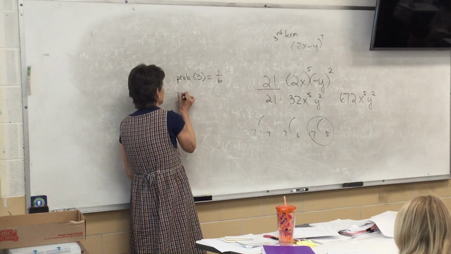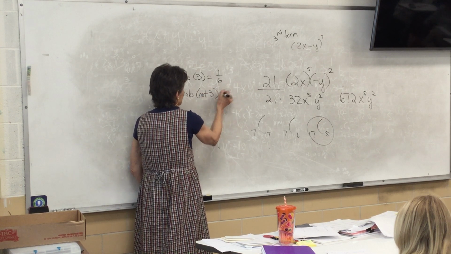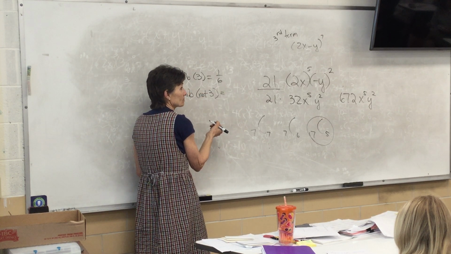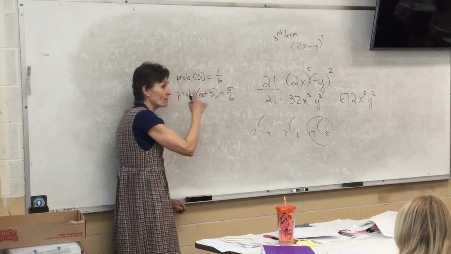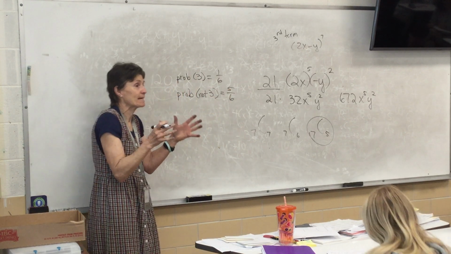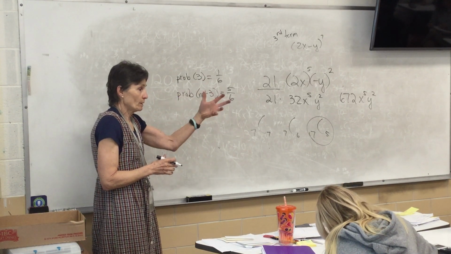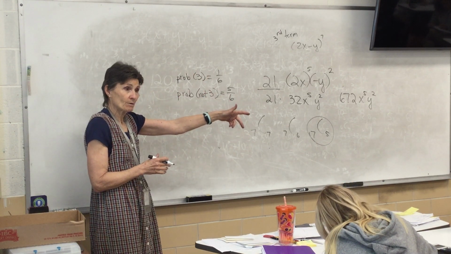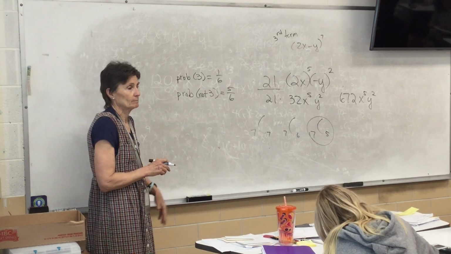What's the probability of not getting a 3? 5/6. So you have to start with that understanding of a die. When you roll it, the probability is 1/6 you'll get a 3, and 5/6 you won't get a 3.